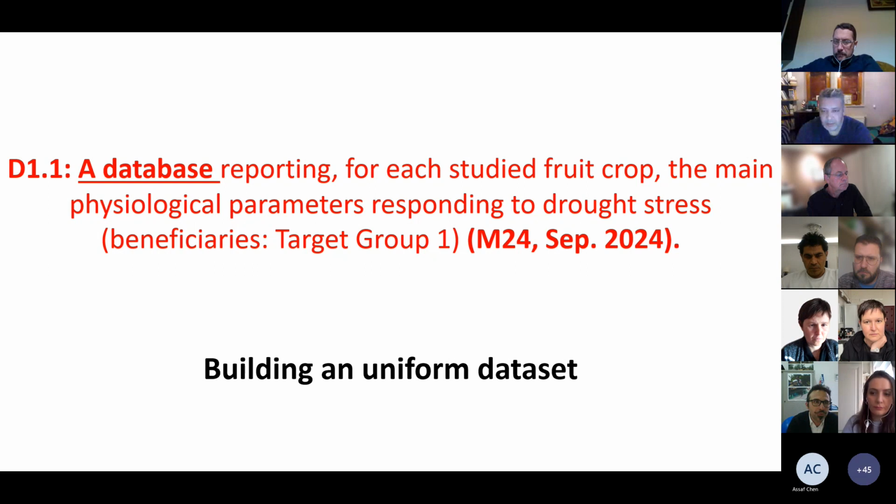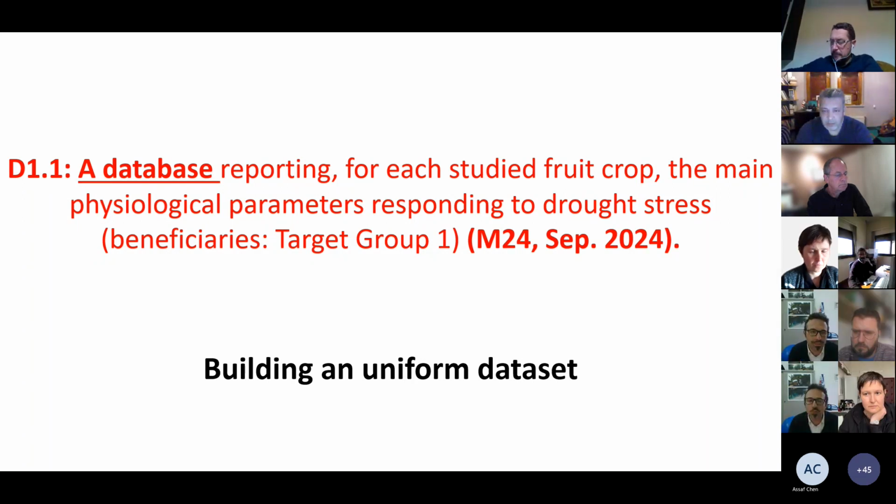So the first challenging task at this point is to build a uniform data set, because I know we have tons of data, but in each lab, the data are organized in a particular way, and also the variables used are different from each other.